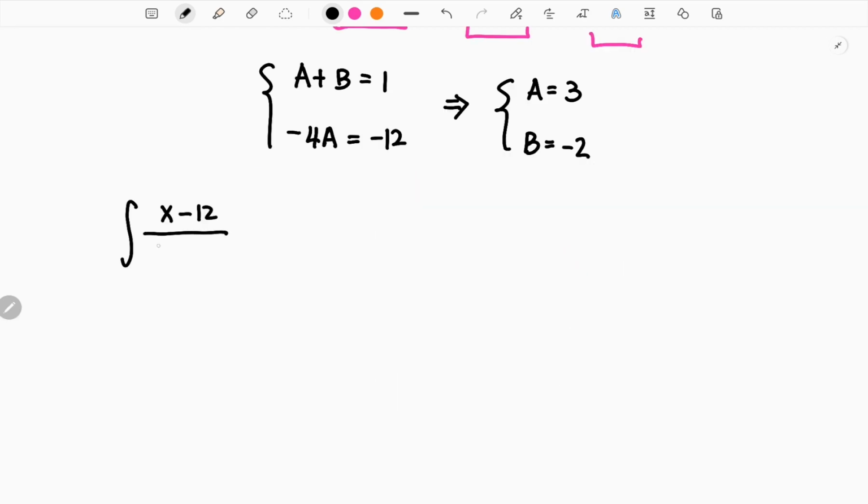So for the integral of x minus 12 over x squared minus 4x dx, we decomposed this fraction into two simpler fractions, which are A over x plus B over x minus 4.